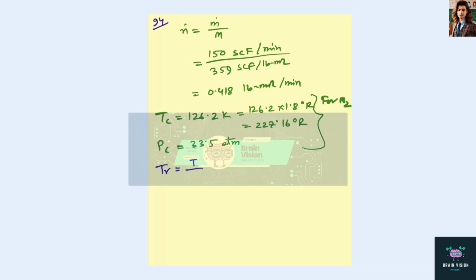Now let's get the reduced temperature and pressure. The given temperature is 150 degrees Fahrenheit. Let's convert it to Rankine scale by adding 460.